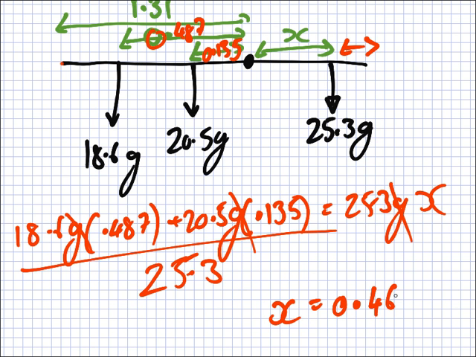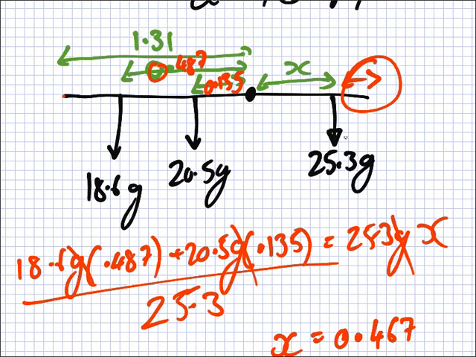Yes. Okay, but that's the X, and we wanted this. So, what do we get for this length then? It's 2.35 minus 1.31 minus 0.467.